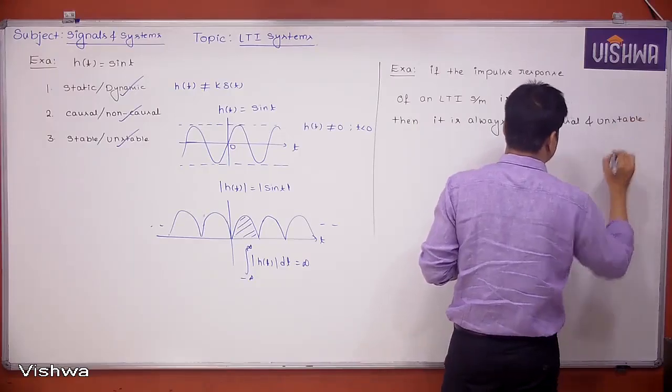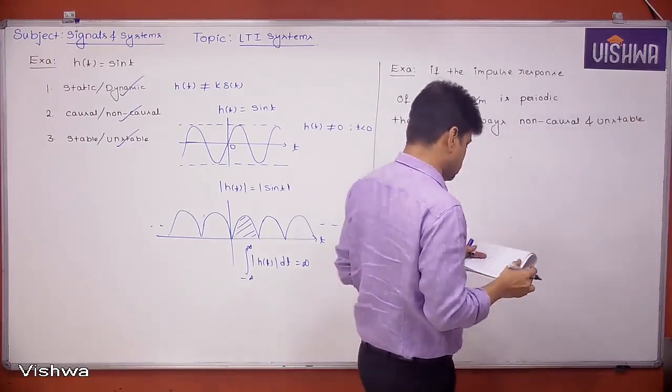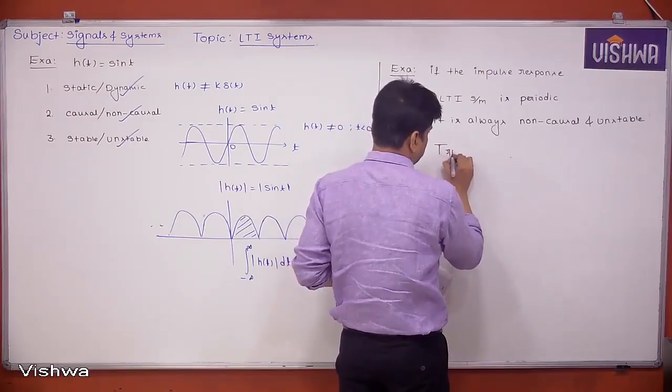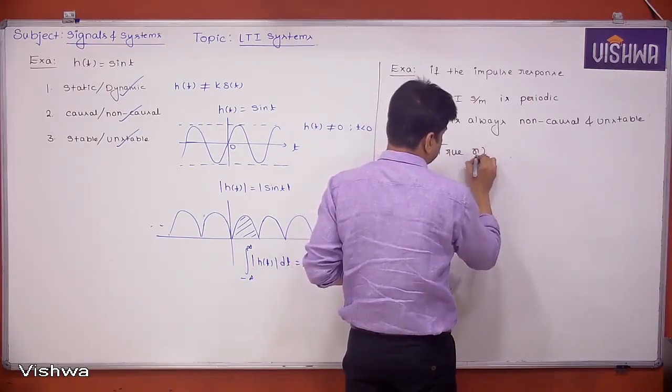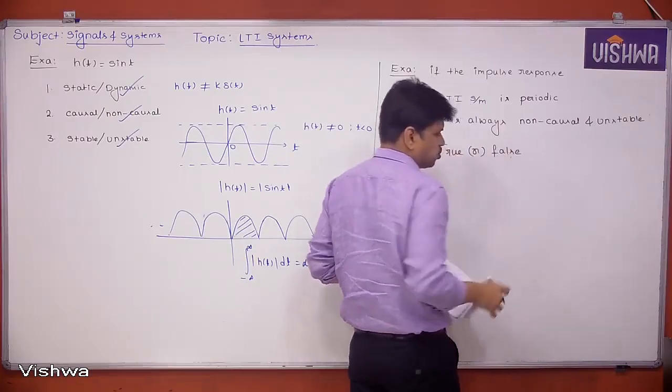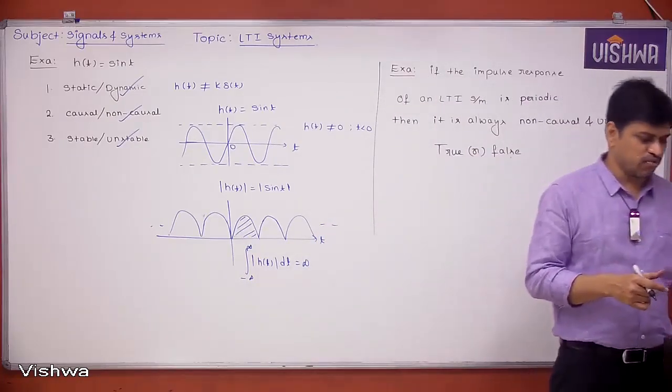Non-causal and unstable. So true or false? Which one is correct? Is it true or false?